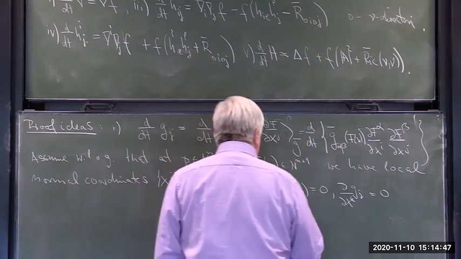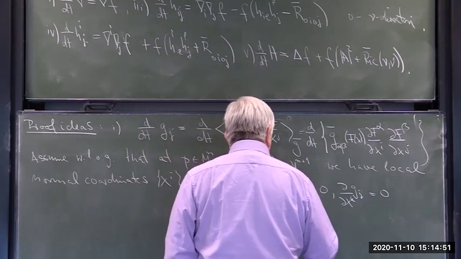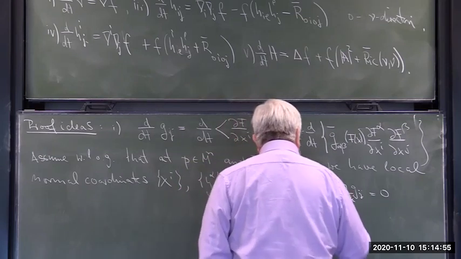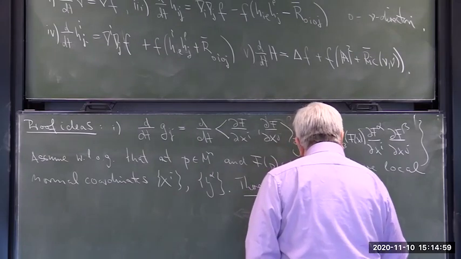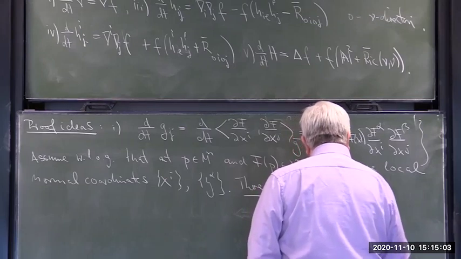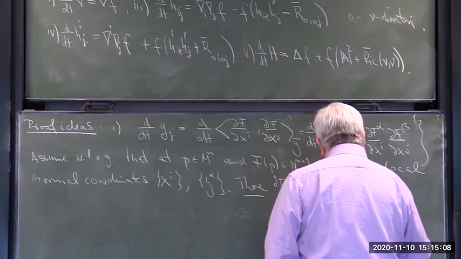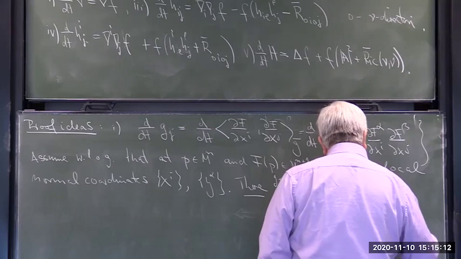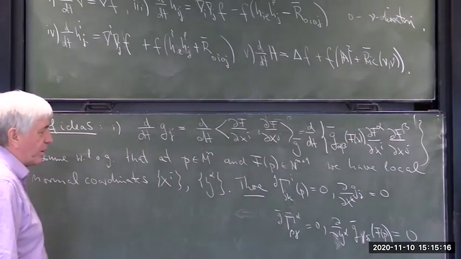And similarly, you get the Christoffel symbols with respect to g-bar, Γ^γ_{αβ}, equal to 0 there, and all the derivatives with respect to y^α of the ambient metric equal to 0 at this point.